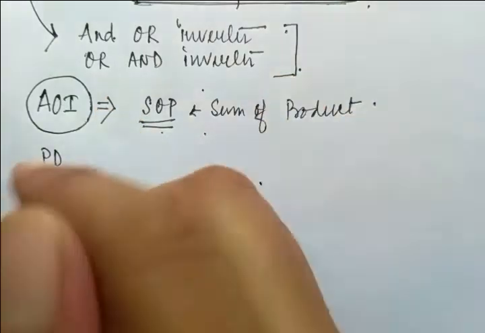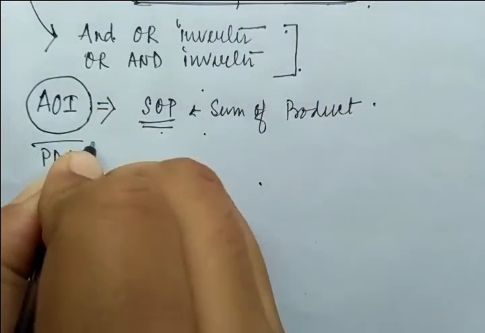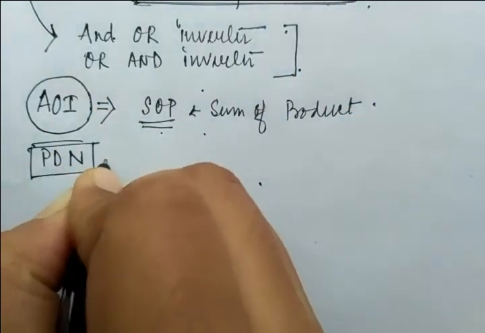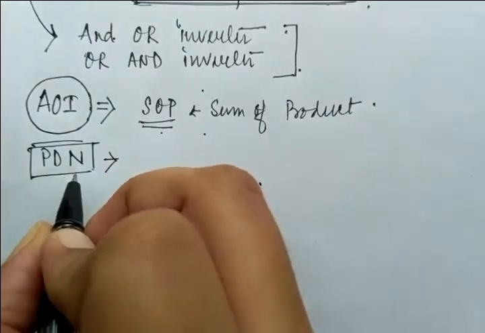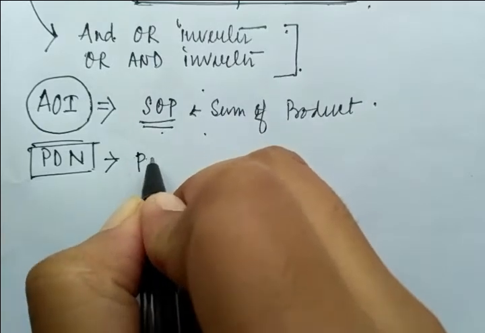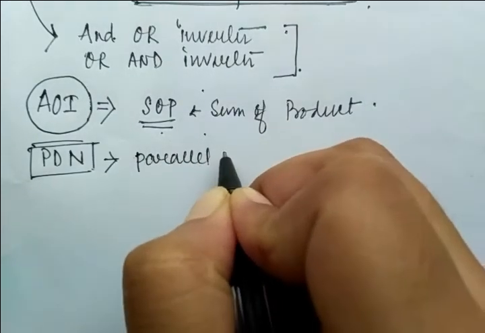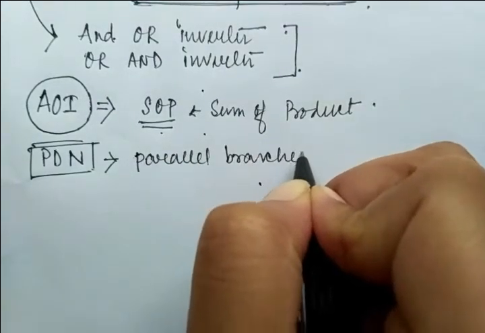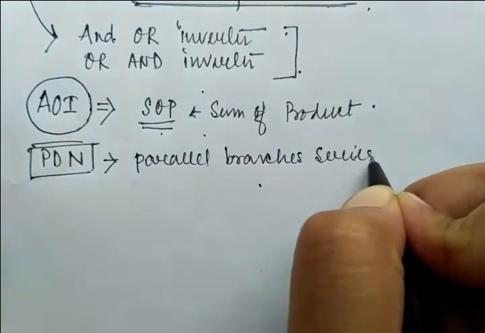If it is SOP, then the pull-down network means NMOS connection, right? And how is it connected? The pull-down network consists of parallel branches, series connected NMOS transistors.